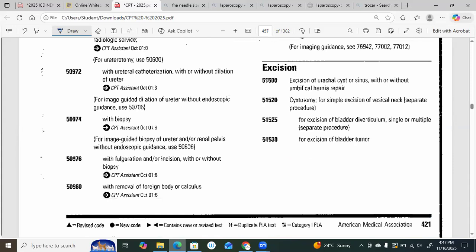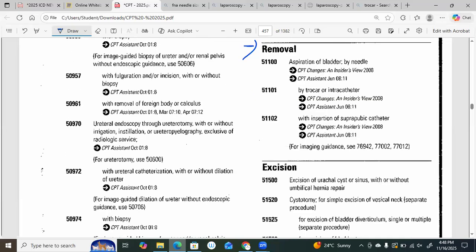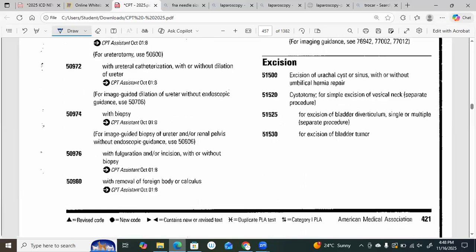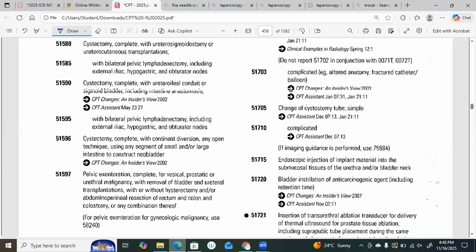These are the removal. Excision, as we can study.